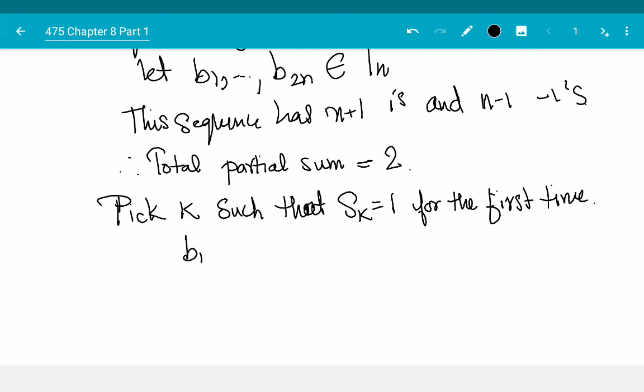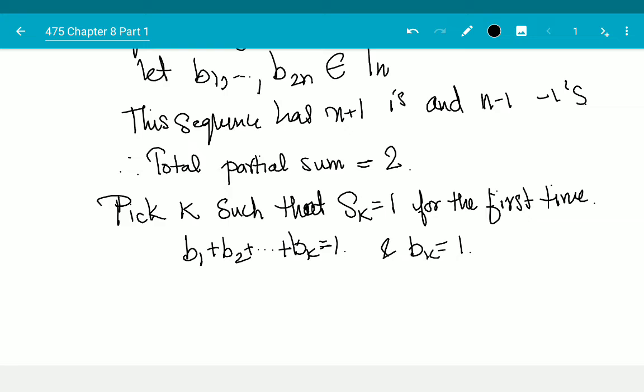So b1 plus b2 plus ... plus b_k is equal to 1. That, and because it is the first time that this sequence is positive, b_k is equal to 1.